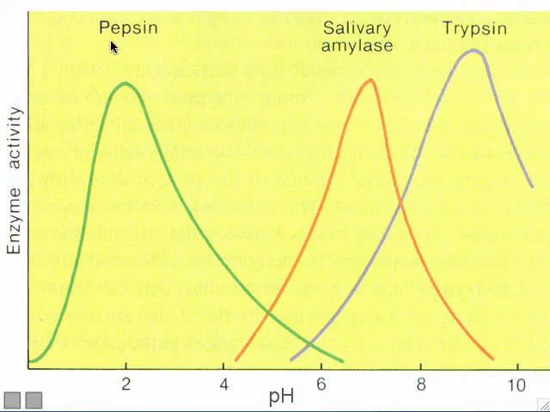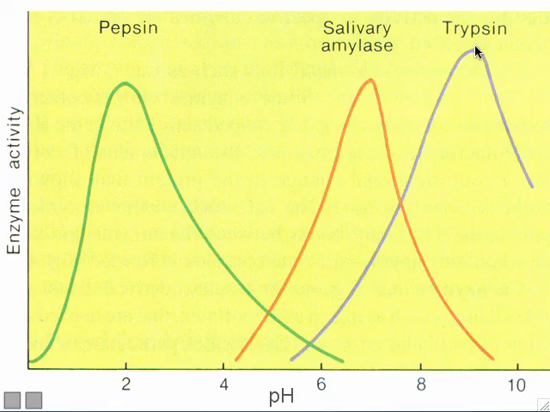Because the stomach is an acidic organ, there's lots of acids inside your stomach, and acids naturally have low pHs. And so we expect stomach enzymes to have their highest level of activity at acidic pHs like pH 2, right? Because that's the natural environment of the stomach. So we expect the enzymes of the stomach to have their highest activity in that natural environment of pH 2.